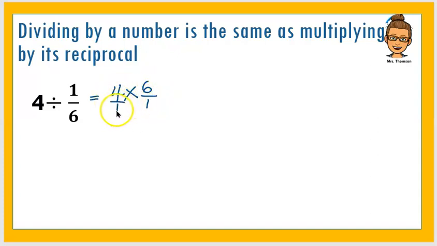Are you noticing something? This one is quite easy. 4 times 6 multiplied by 1 times 1 is going to give us 24 over 1, which is equal to 24. And I'm sure you got it right. Okay, everybody, let us work on some of those in class.